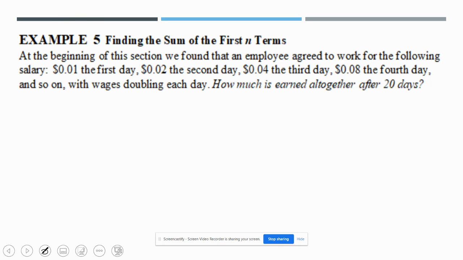Okay, going back to that very first problem that we did on day 1 of this, and talking about the rule or equation that we found for that. That rule was a sub n, our first term was 1, our r was 2 because of the doubling, to the n minus 1 power.